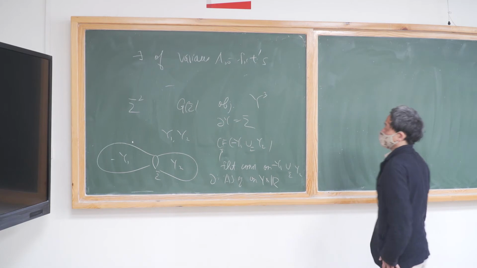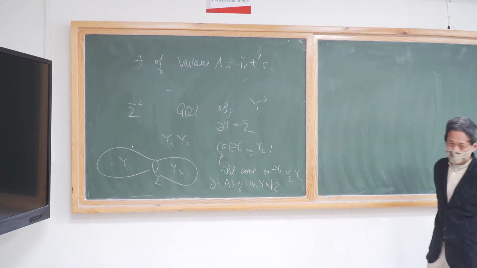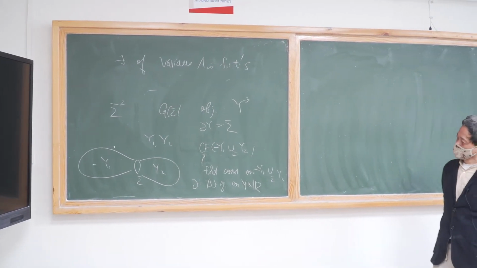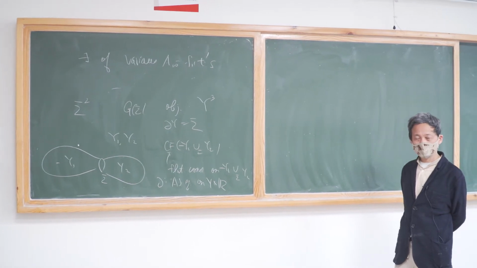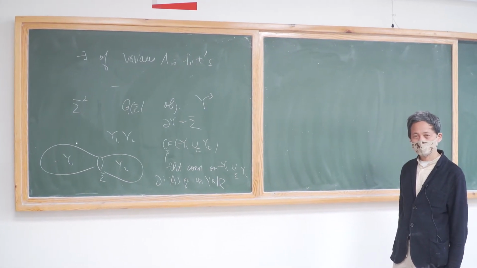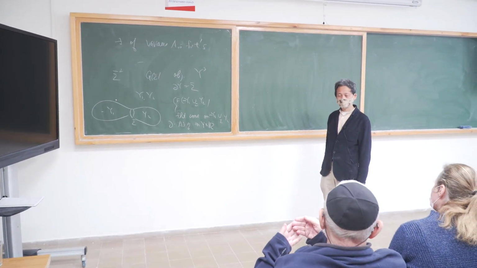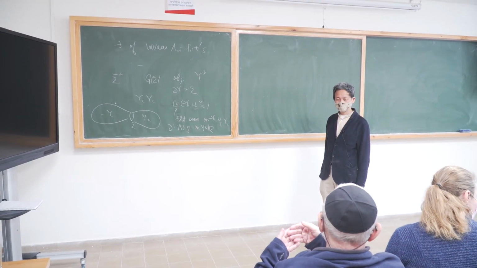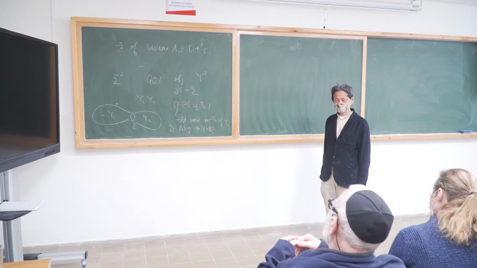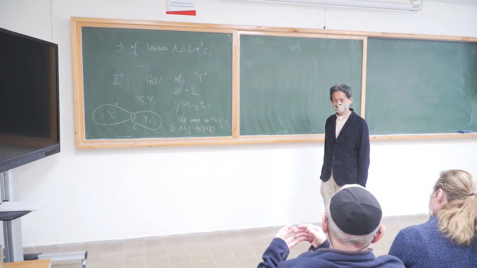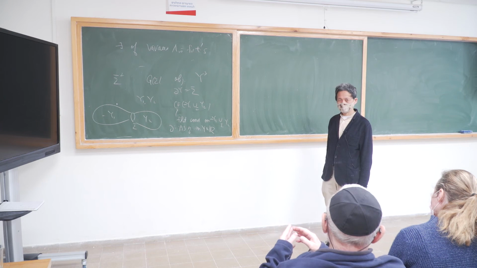And then there's another thing. When you consider Floer homology, you consider maps from some Riemann surface. Now, do you fix the Riemann surface, or does the result depend on the Riemann surface?